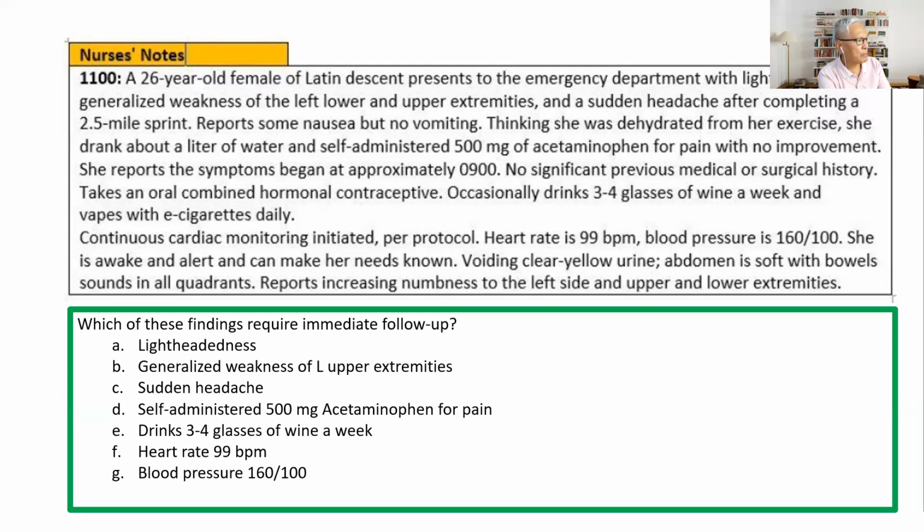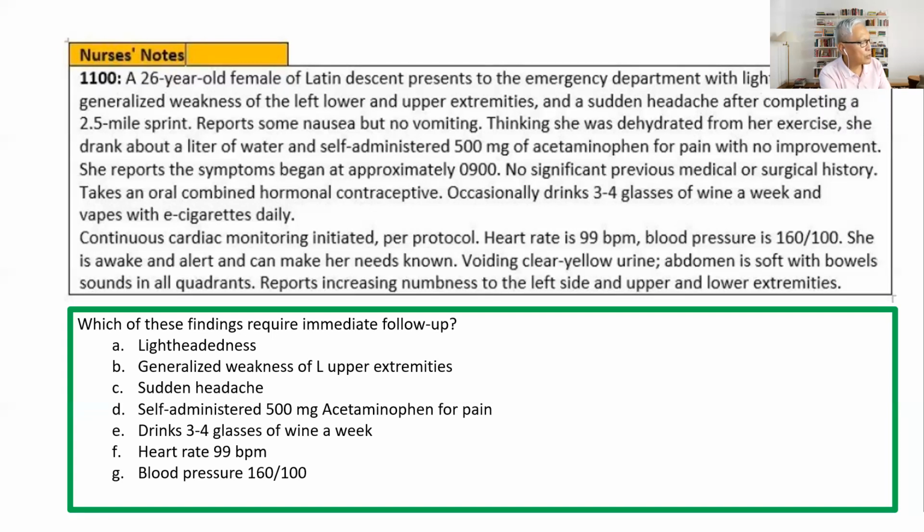She reports the symptoms began approximately at 9 o'clock, no significant previous medical or surgical history, takes an oral combined hormonal contraceptive. I forgot that this is also a risk factor, by the way. Occasionally drinks 3 to 4 glasses of wine a week and vapes with e-cigarettes daily.